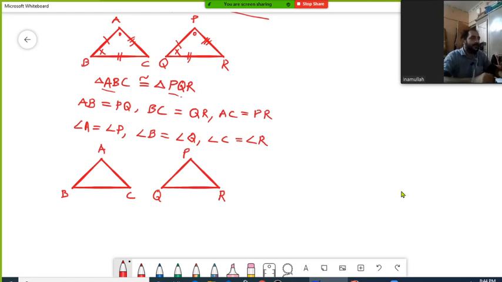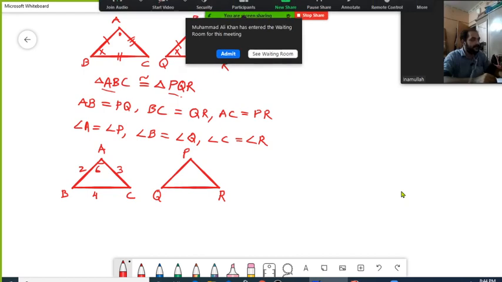In these two triangles, AB is 2 centimeter, AC is 3 centimeter, BC is 4 centimeter. Angle A is 40 degrees, angle B is 50 degrees, and angle C I'll take as 60 degrees.